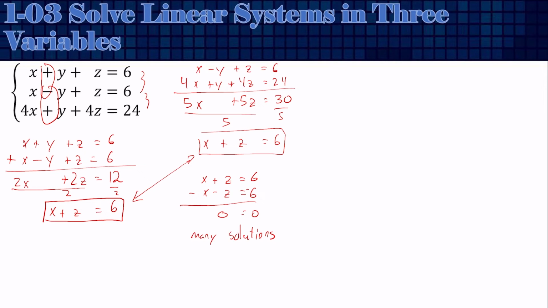Here's what we're going to do for the many solutions case. Usually when it's many solutions, the planes are intersecting at a single line. So it's not everywhere in the equations, it's just a single line. So we have to describe that line.